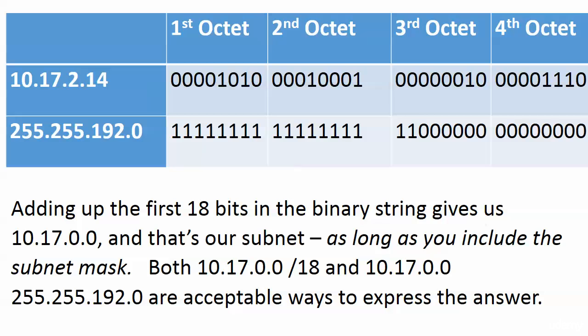Also, nothing tricky here, but in any multiple choice questions, practice exam, job interview, real exam, I don't care, make sure you cover yourself with the 2 acceptable ways that can be used to express the answer to this question, or really any question of this form, because they might have the mask in dotted decimal, they might have the mask in prefix notation, and those rotten sons of guns might actually have it both ways.